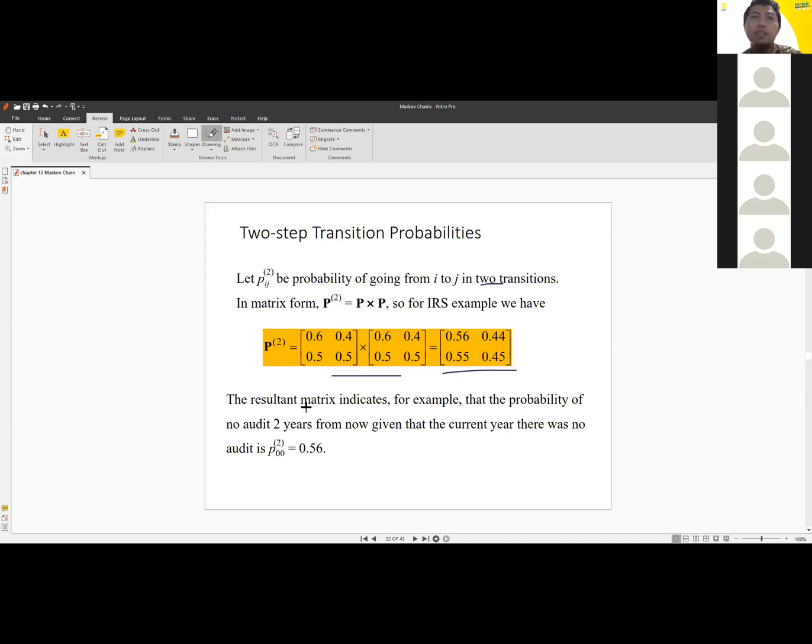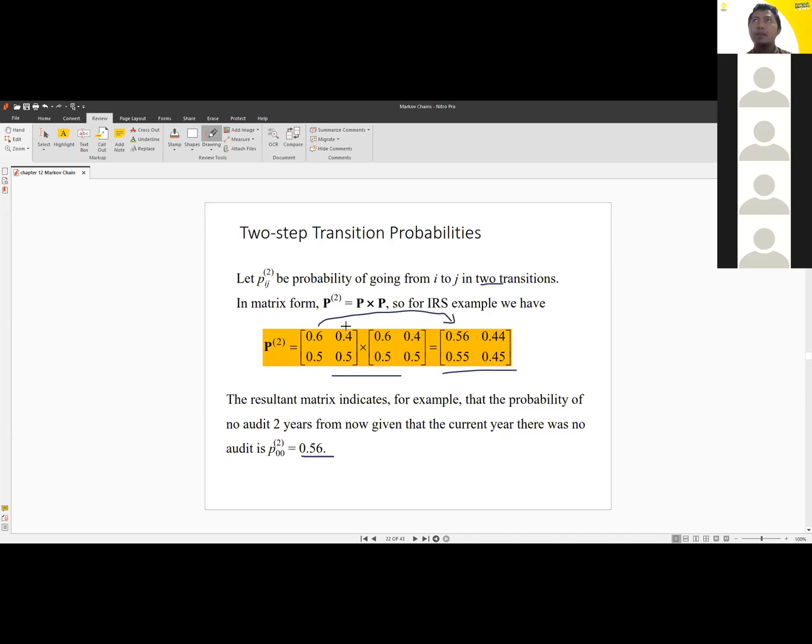The resultant matrix indicates, for example, that the probability of no audit 2 years from now, given that in the current year there was no audit, is 0.56, decreasing.